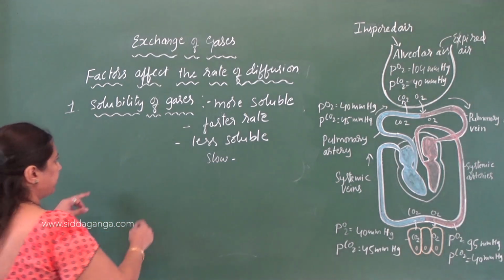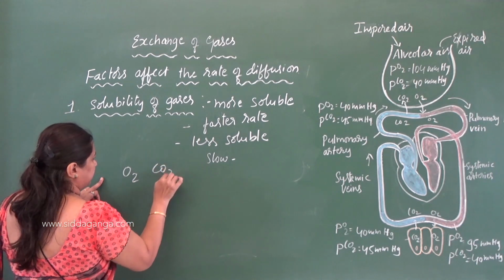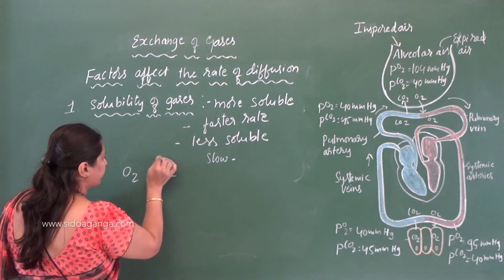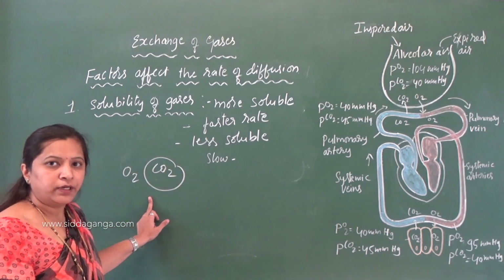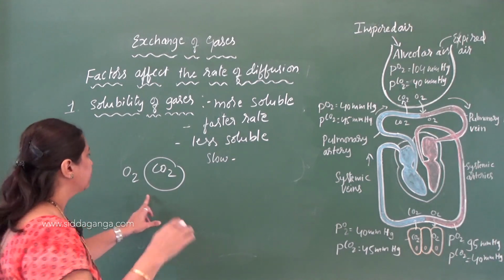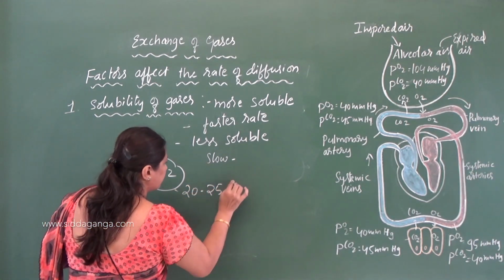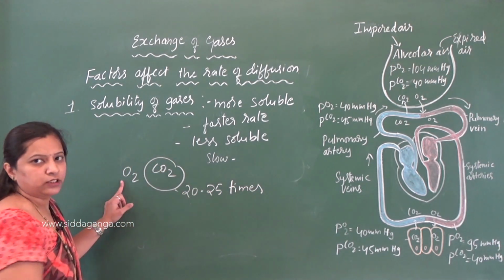For example, take oxygen and carbon dioxide, the respiratory gases. Of the two gases, the solubility of carbon dioxide is more. It is nearly 20 to 25 times more soluble than oxygen.